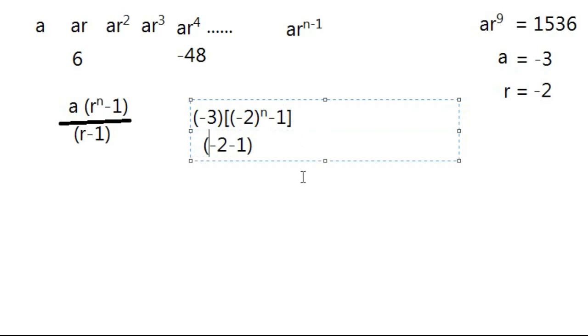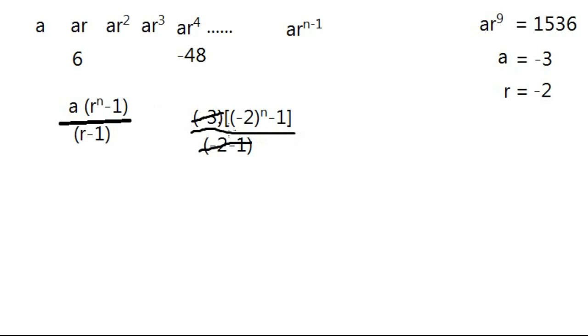Here you'll notice that negative 2 minus 1 is actually negative 3, so negative 3 cancels out another negative 3, and you are left with negative 2 to the power n minus 1.